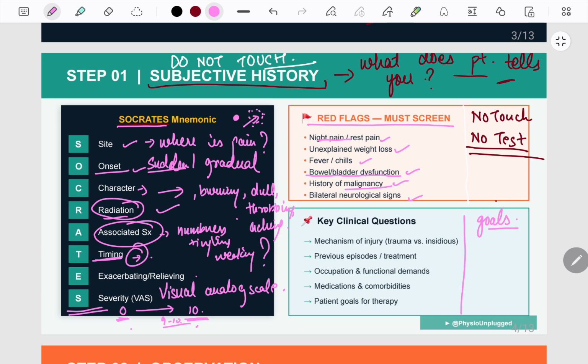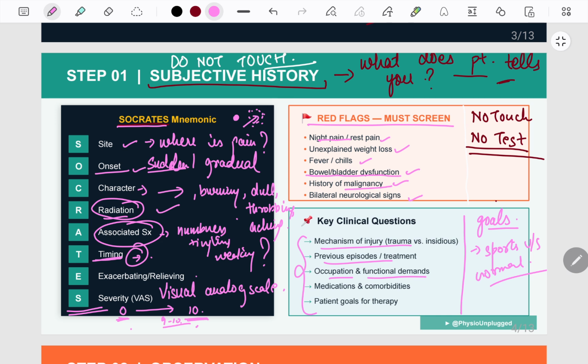See, a goal for a normal individual and a goal for a sports person is different. Sports person versus a normal individual, the goal is going to be very different. So it is very important for us to know these things, that what was the mechanism of injury, what the previous episodes were like, if there is any functional or occupational demand.